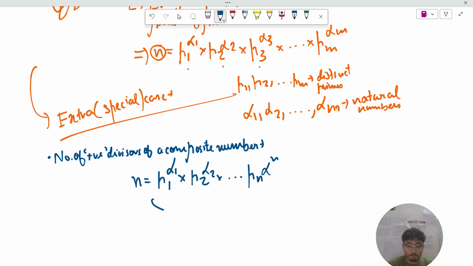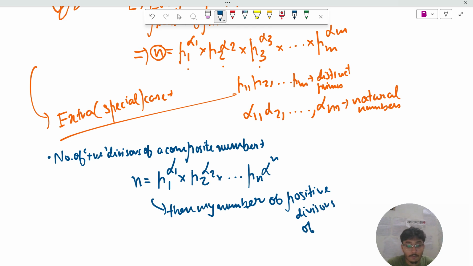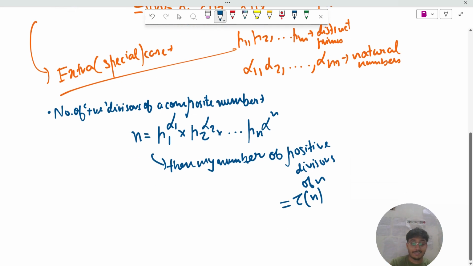Then the number of positive divisors of n is denoted by tau of n. Tau is the Greek symbol which represents t of the English alphabet.